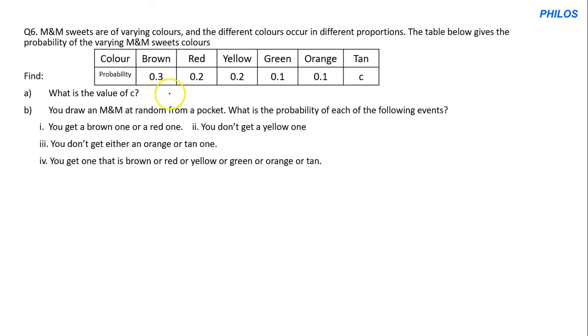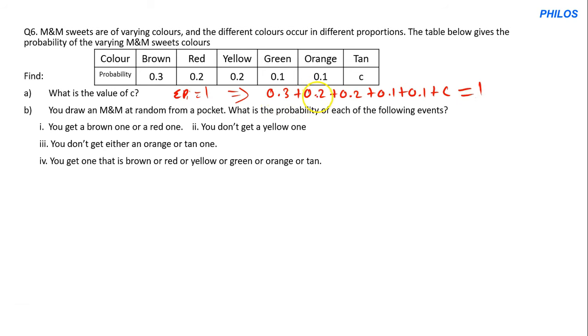To get the value of C, we should know that the sum of the various probabilities is equal to 1. So 0.3 plus 0.2 plus 0.2 plus 0.1 plus 0.1 plus C should give us 1. That's the meaning.